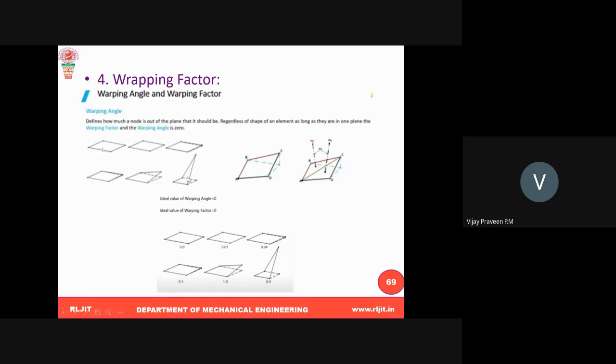You can see all the nodes are within the plane only. As you further reduce the size, what is happening? You can see this corner element: nodes are coming out of the plane. It comes upward. Finally, it comes like this. So this is known as warping factor.